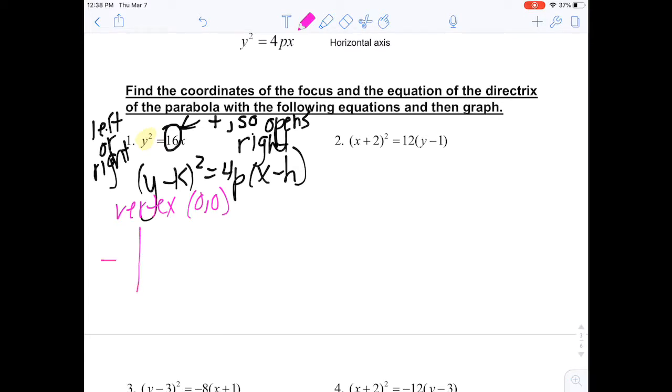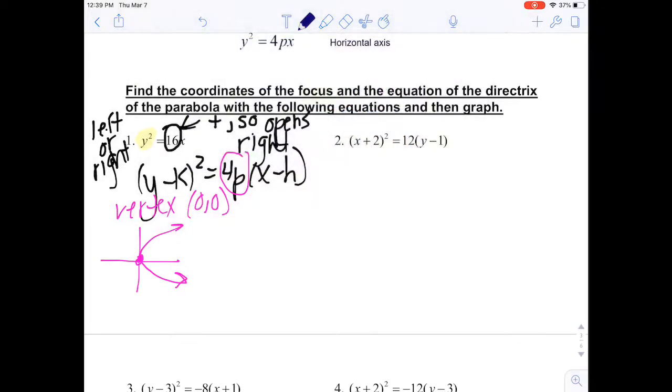So here's a little sketch. There's my vertex. Now I know I'm opening to the right, so I'm just going to sketch it in going to the right. It doesn't really matter how wide you make your parabola. Then we're going to look at this little part, the 16. Now in our equation, the 4p is where the 16 should be.